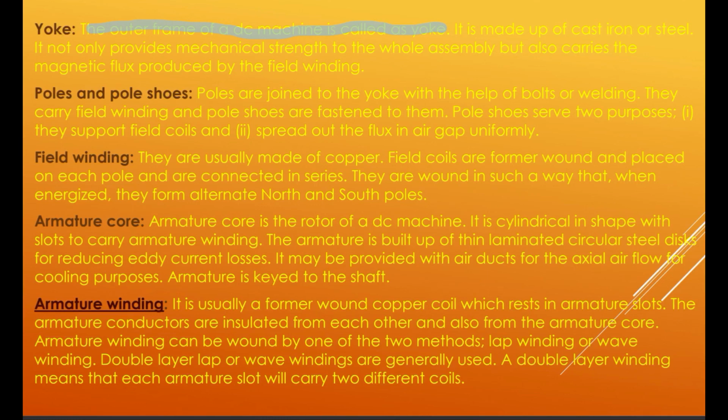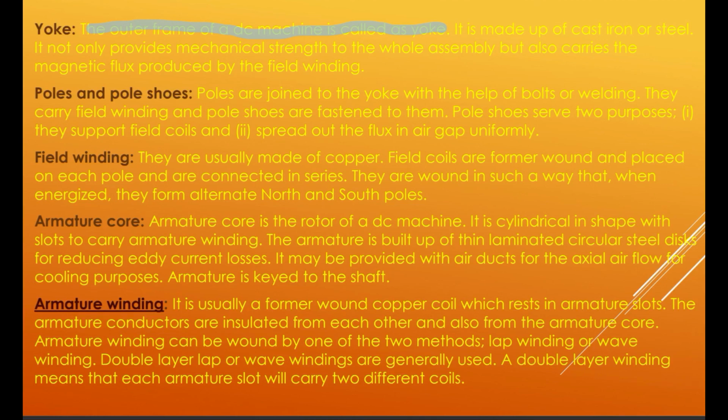Then poles and pole shoes. Poles are joined to the yoke with the help of bolts or welding. They carry the field winding, and pole shoes are fastened to them.